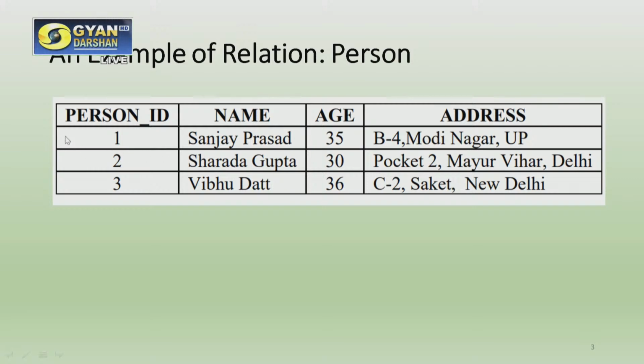For person ID 1, there is a name associated with it, an age, and an address. Similarly for 2 and 3. These are called the tuples of a relation.